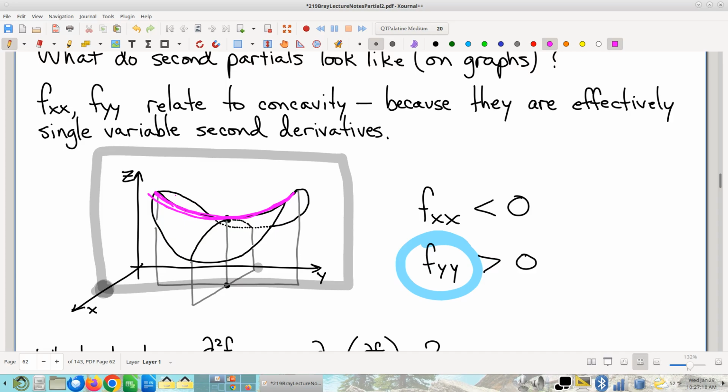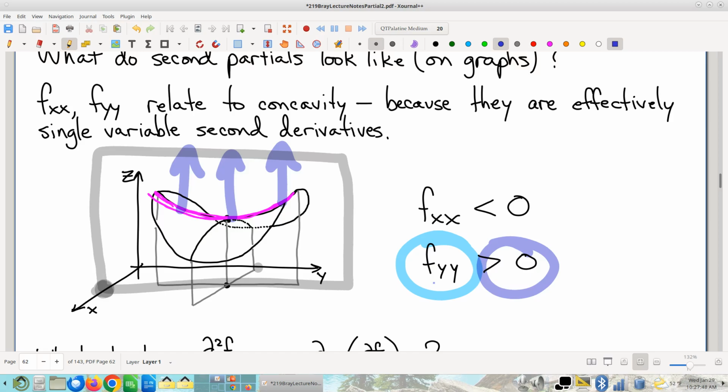Now this is a sort of new thing in multivariable calculus. There is no single variable version of this. Brand new idea. Depending on which direction you're going in the domain, concavity will be different at the same point. And in this case, of course, you notice the concavity is upward, and that tracks with this partial being positive.